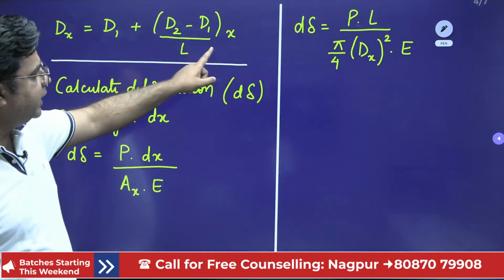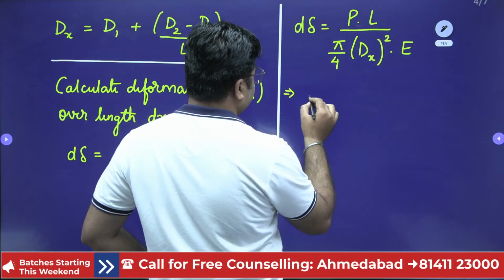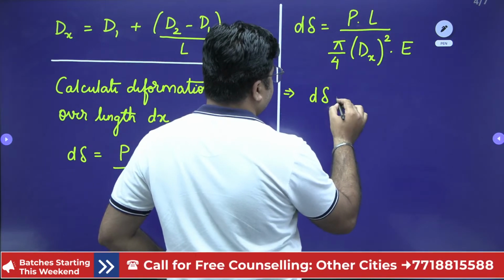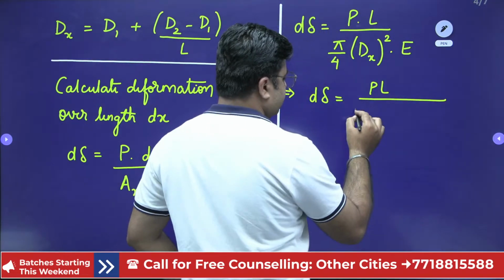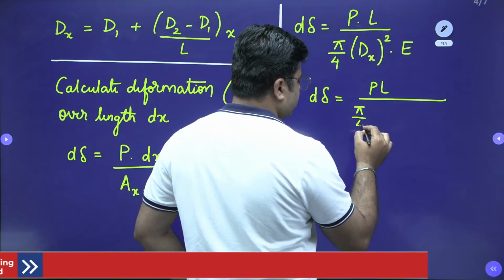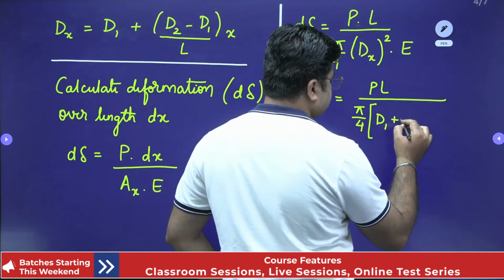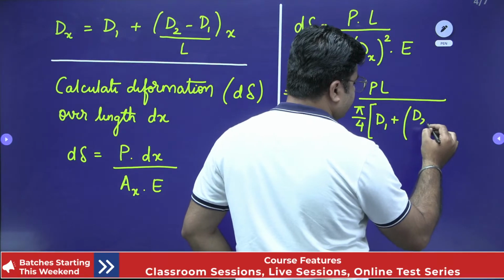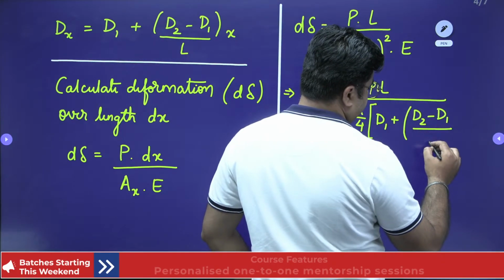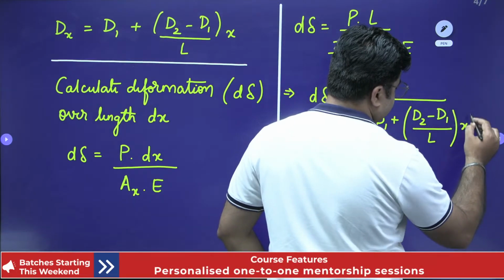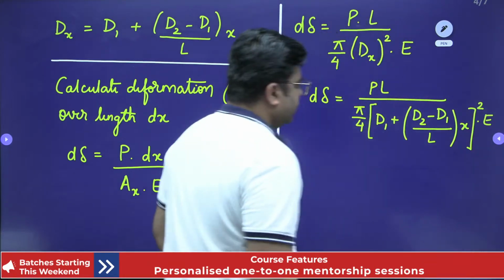This entire thing is the value of dx. So, d delta is equal to PL divided by pi by 4 into d1 plus d2 minus d1 by L into x, the whole square, into E, right?